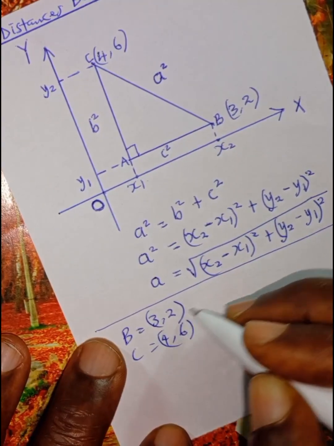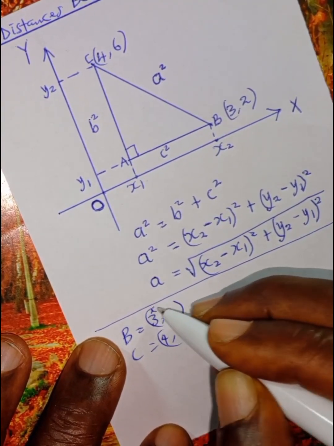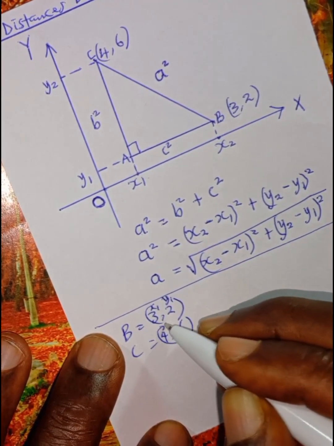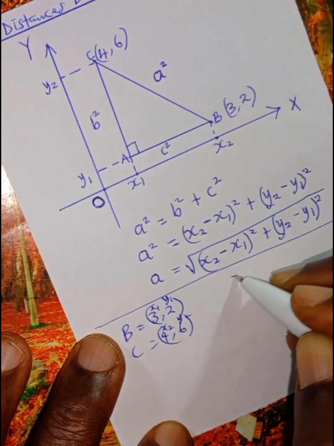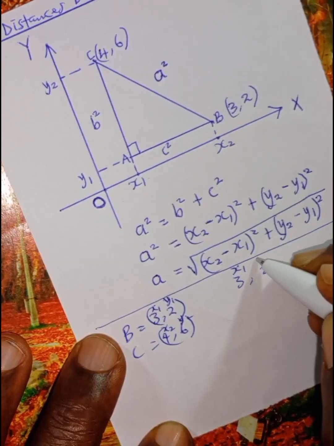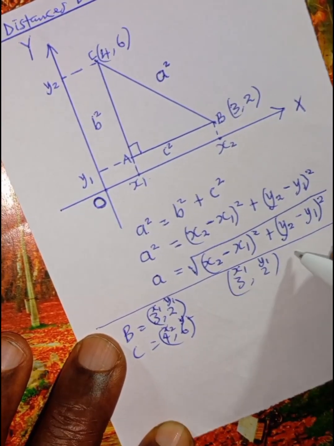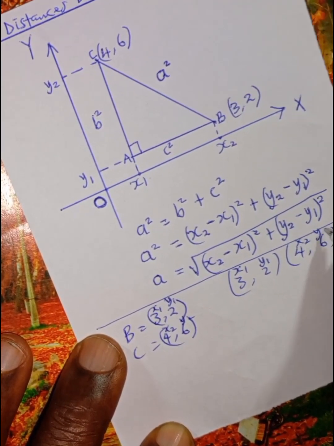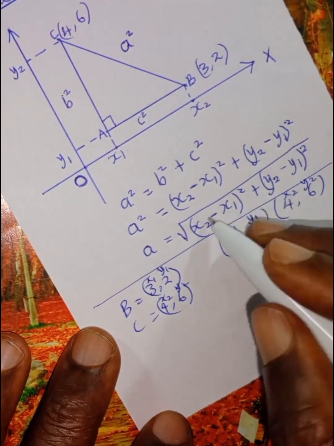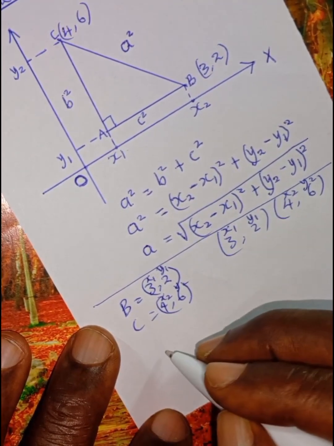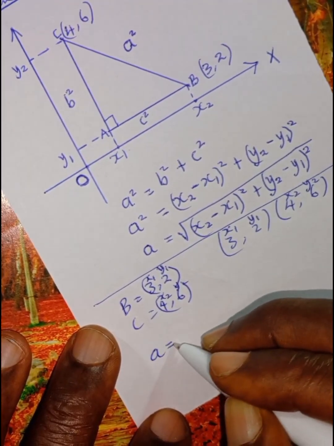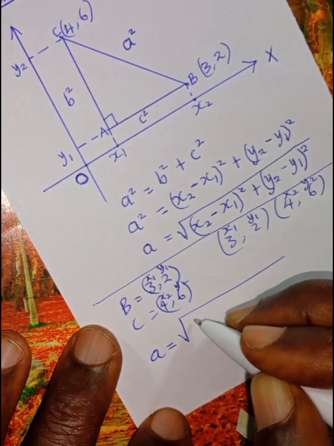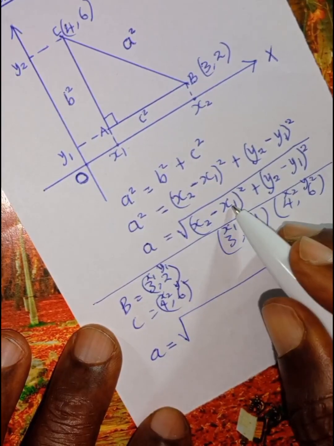Now let's assume that this one is our x1 and this one is our y1, and this one is x2, y2. So 3, 2 is x1, y1, and 4, 6 is x2, y2. So if we substitute, A is equal to the square root of x2 minus x1.